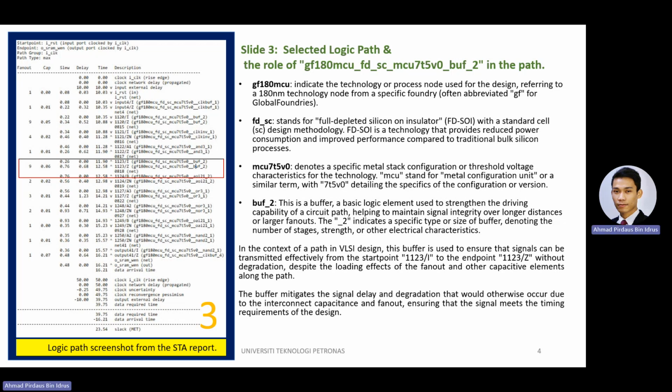In the context of this path in VLSI design, this buffer is used to ensure that the signal can be transmitted effectively from the start point 1123/I to the endpoint 1123/Z without degradation despite the loading effects of the fan out.